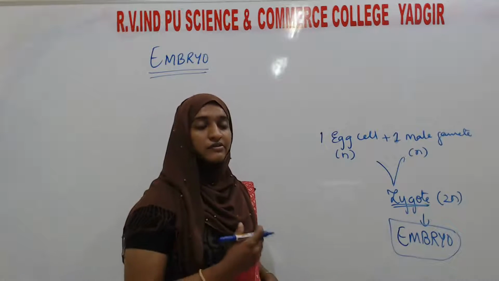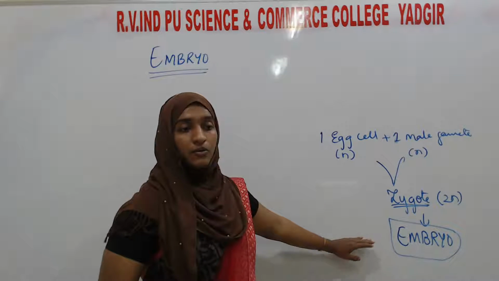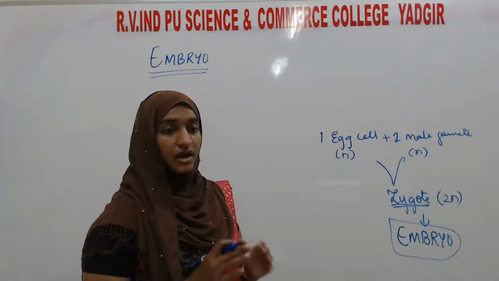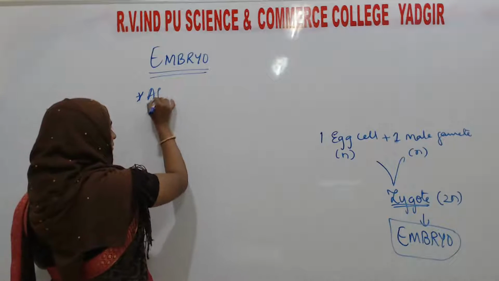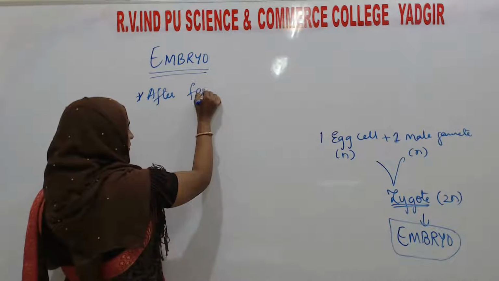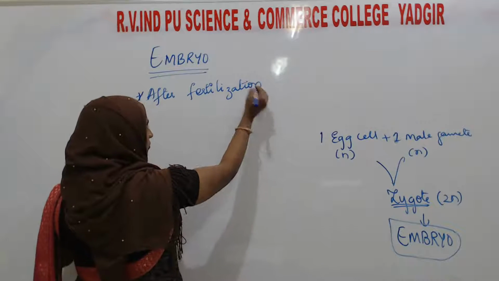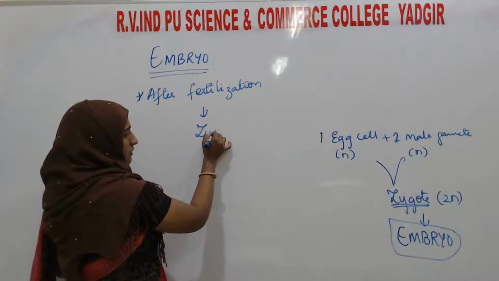So how this embryo is going to form from the zygote, that we have to see. First of all, after fertilization, the product is the zygote.